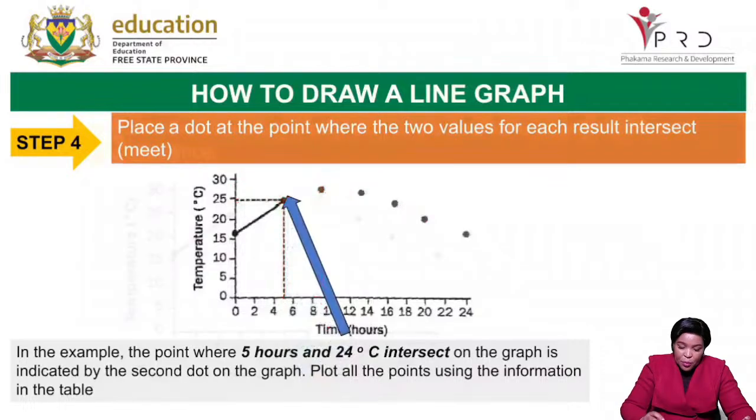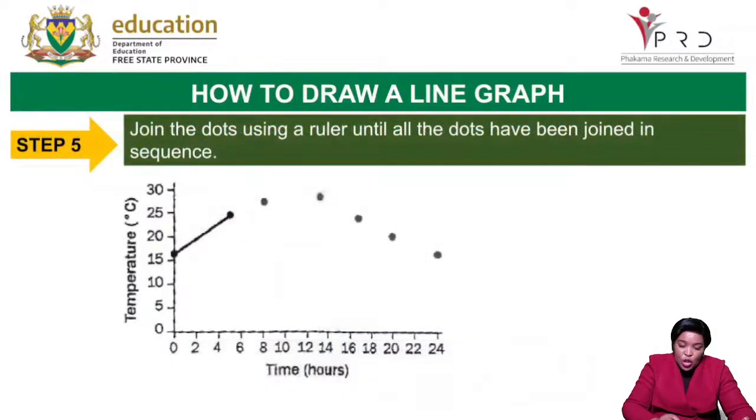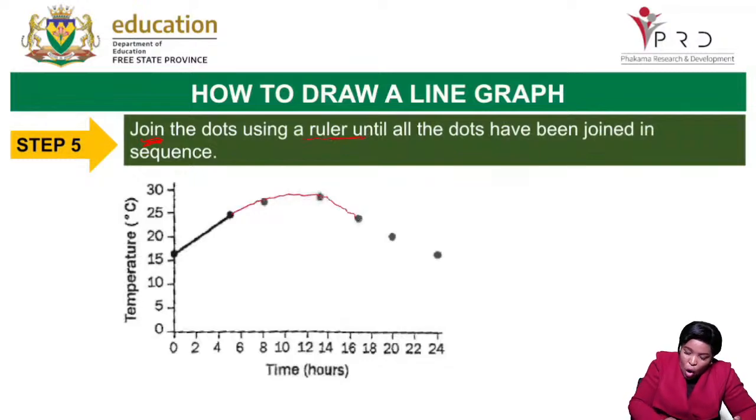Then the next step is to join the dots using a ruler until all the dots have been joined in sequence. So you will use your ruler to join this dot to that one. Don't be in a hurry to make something neat. Then you join that one to that one. You join all the points that you have drawn.